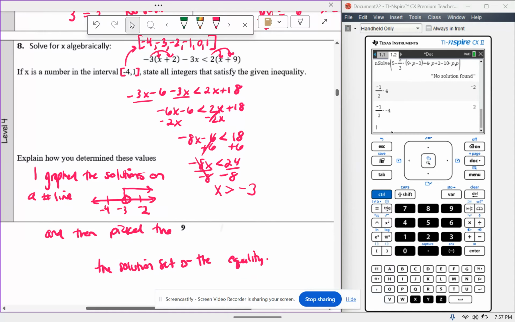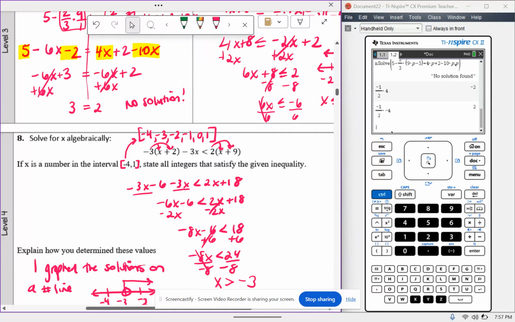I wonder why that sentence is there. Picked the numbers from negative 4 to 1 that were also in the solution set of the inequality. So I've got, let's see, x is greater than negative 3, which means it can't be negative 3, can't be negative 4, but it can be these 4.